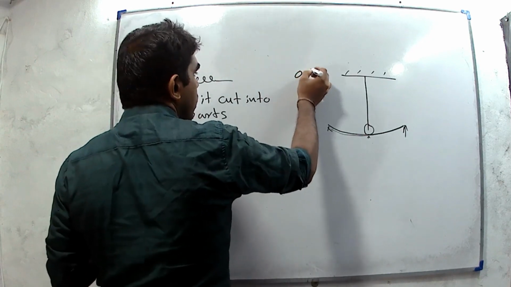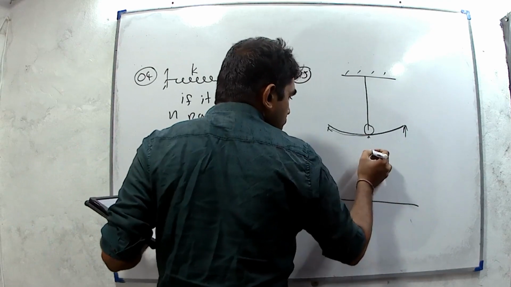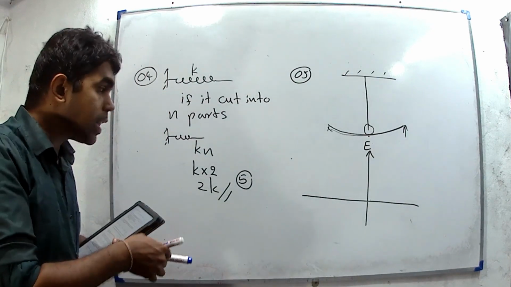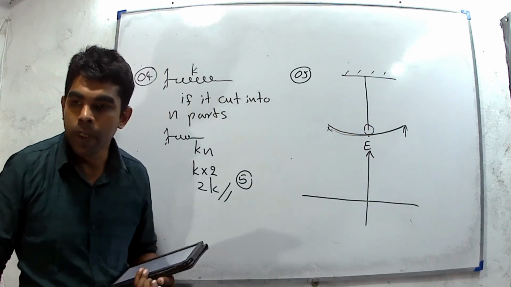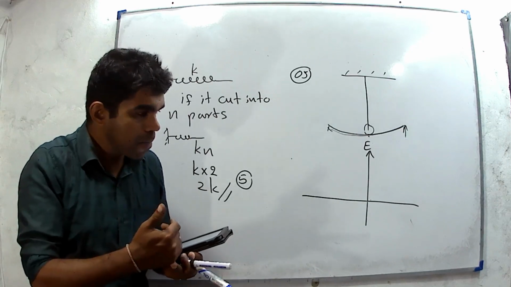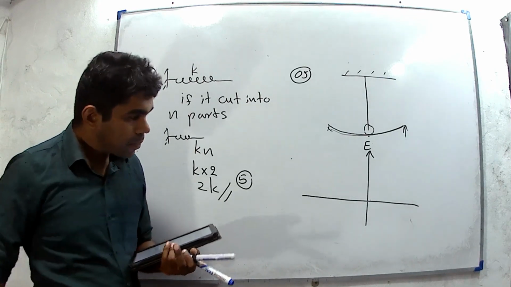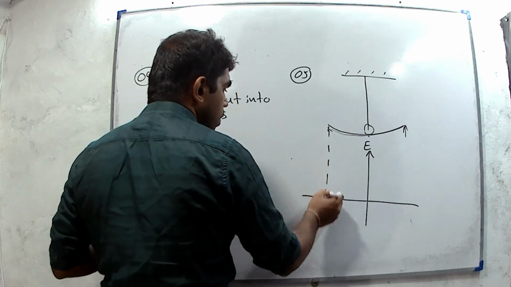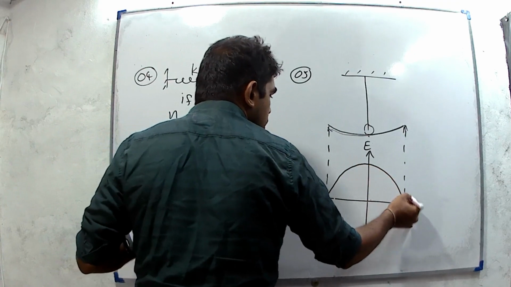We know that for simple harmonic motion, the maximum velocity is observed at the middle point. When the object has maximum velocity, its kinetic energy should be maximum. Therefore, the kinetic energy graph is like this.